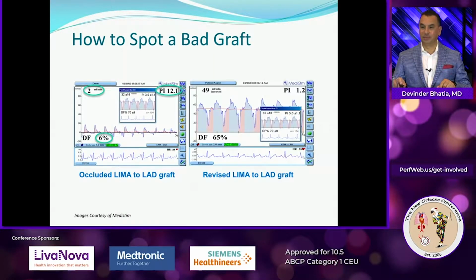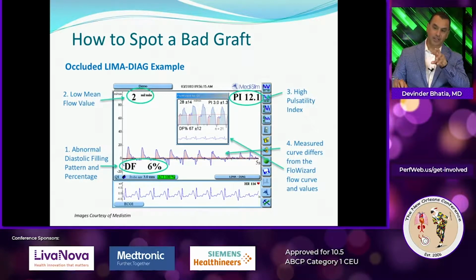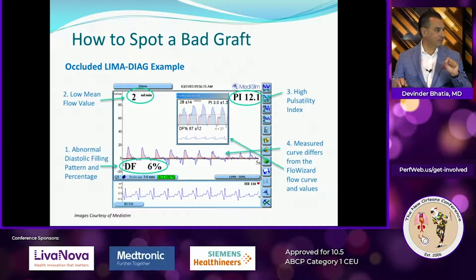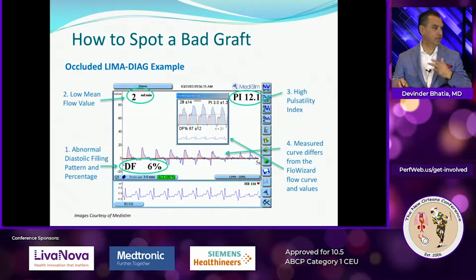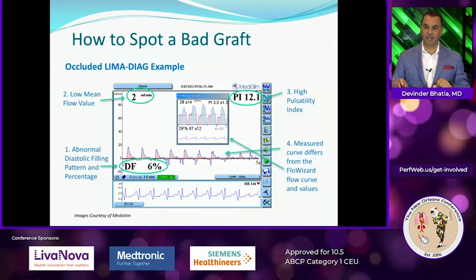Okay, so let's talk a little bit about this flow wizard. You can put on the screen the expected look of a flow tracing on a normal. I don't use that. I've done it enough times to know, but for those who are just starting to use this, it's a nice tool to have where you can see what you should have in terms of flow and pulsatility index and the diastolic filling.